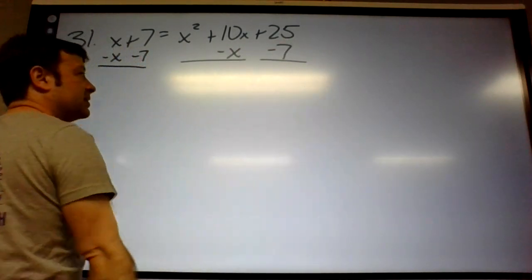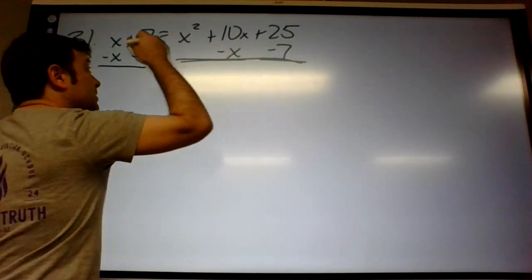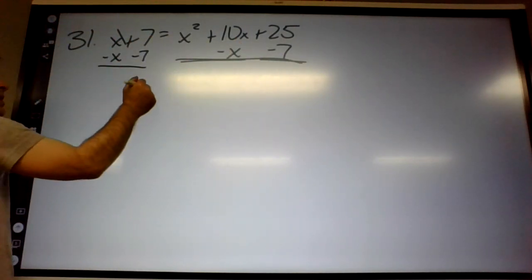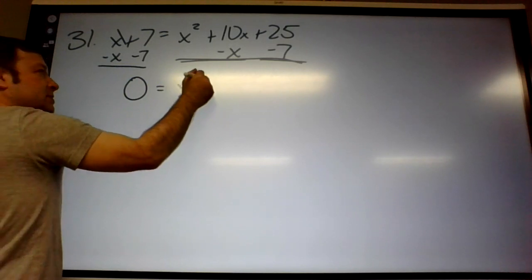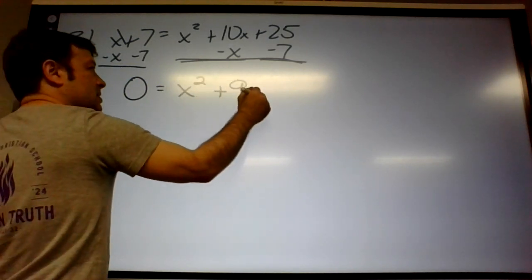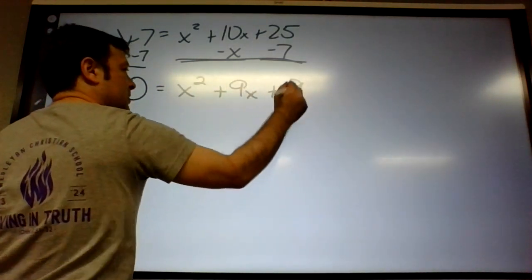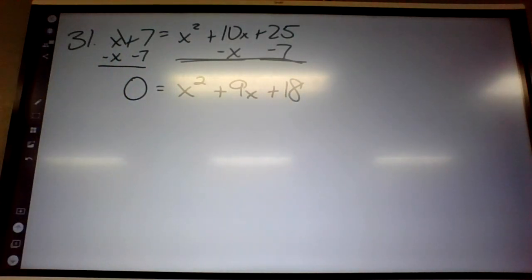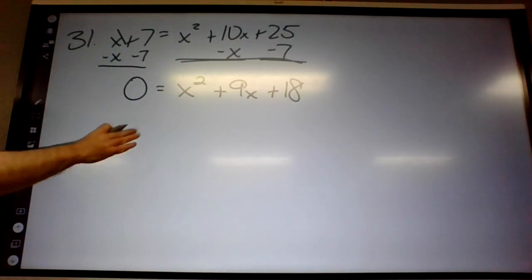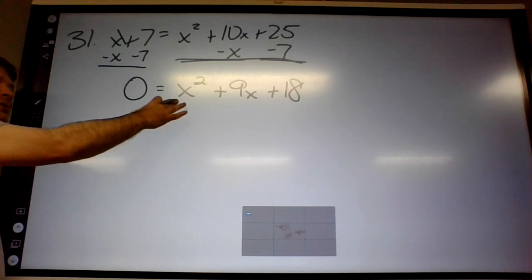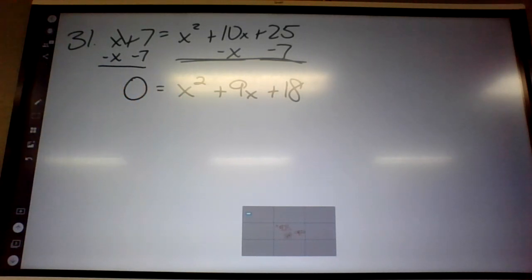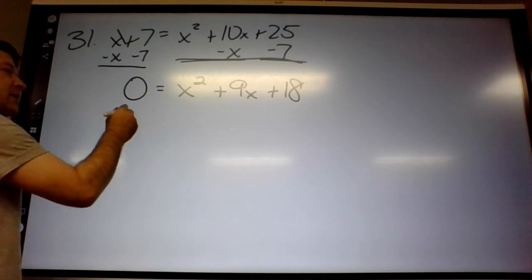I'm gonna subtract x and 7. So that goes away. We get 0 equals that. Does that one factor? Okay, again, if you don't like factoring, what can you do? You can do this. But if you're good at factoring, it's quite a bit faster.